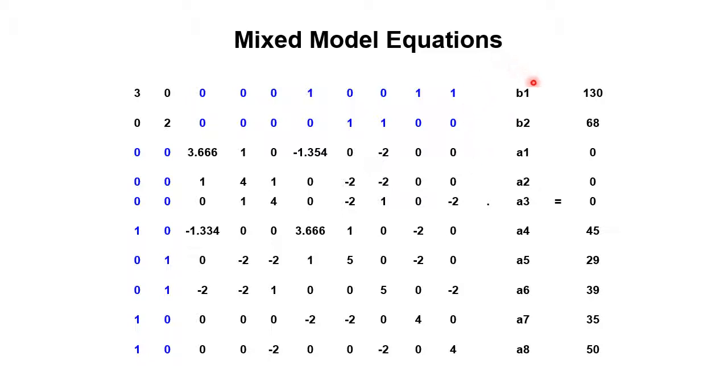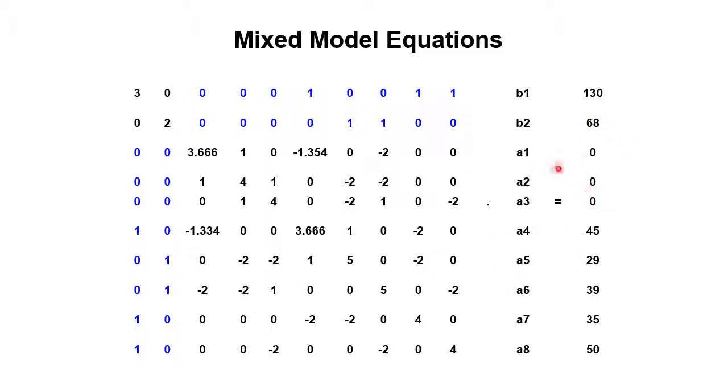We ended up with our 2 levels of our fixed effects. We have our random effects, unknown random effects, the additive effects, and we have our right hand sides. At the top, the summation of all the male calves' weights together. The 3 males together weighed 130 kilos, and the 2 females together weighed 68 kilos.